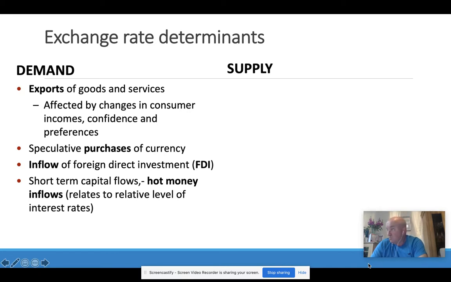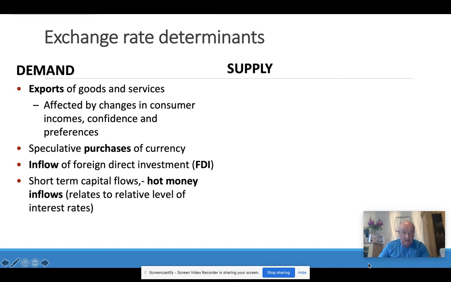We're also going to get some short-term capital flows, which are known as hot money. In some cases, in the short term, an organisation or an individual might choose to move their money from one currency into another, particularly when it has something to do with the relative level of interest rates within a country.